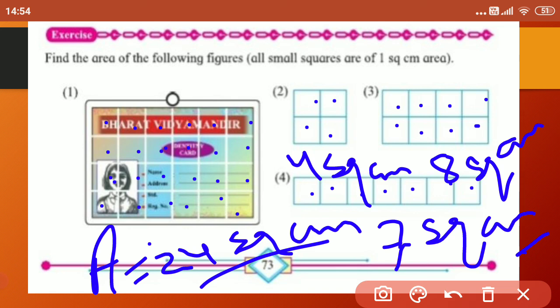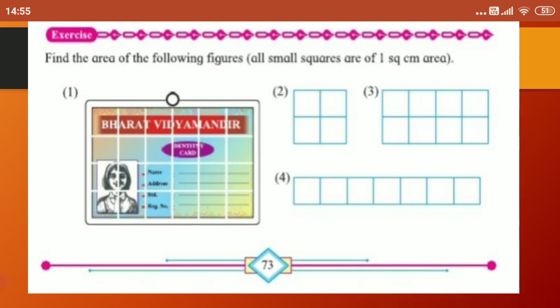Understood? But here in the book it is given like this in squares, showing the squares. So this time you learn from this only. Okay. So this brings to the end.